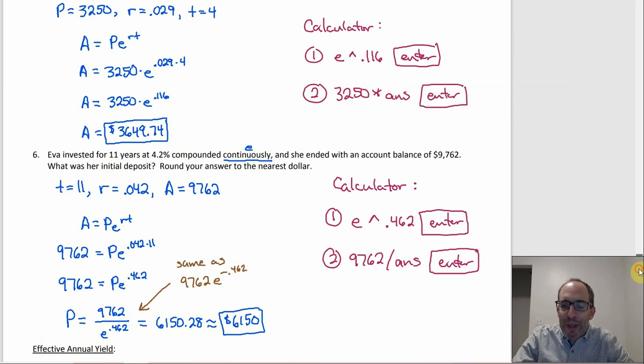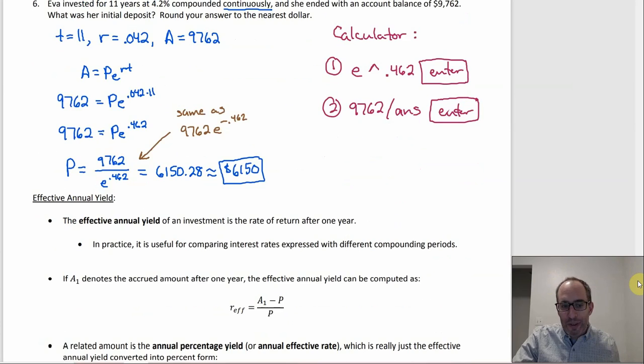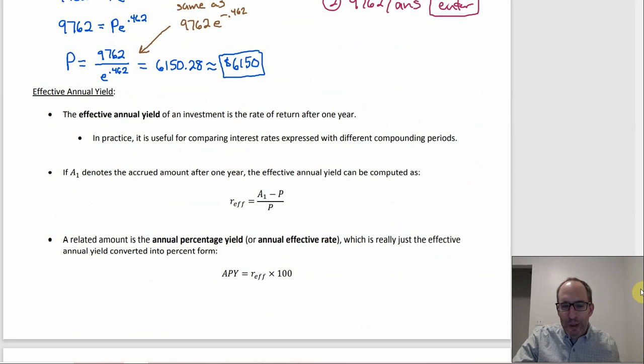All right, then the last thing in this section is the idea of effective annual yield. Really all that is, it's the amount of interest that you get in the first year converted into a rate, so divided by the principal.